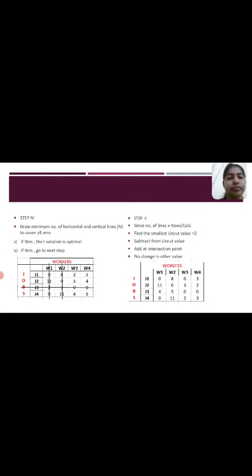Worker 1, worker 2, J3. Step 5. Since the number of lines is less than the rows and columns, find the smallest uncut value, which is equal to 2. Subtract it from the uncut values, add it at the intersection points, with no change in other values.